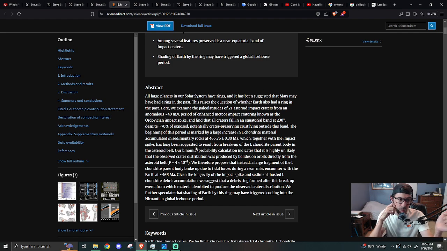Our binomial probability calculation indicates that it's highly unlikely that the observed crater distribution was produced by bolides on orbits directly from the asteroid belt. We therefore propose that instead a large fragment of the L-chondrite parent body broke up due to tidal forces during a near-miss encounter with the Earth.